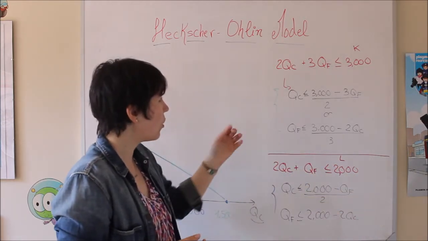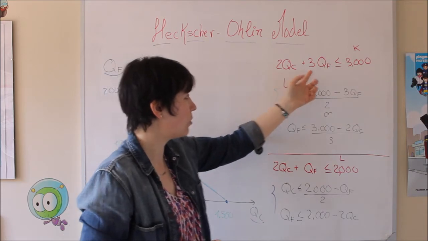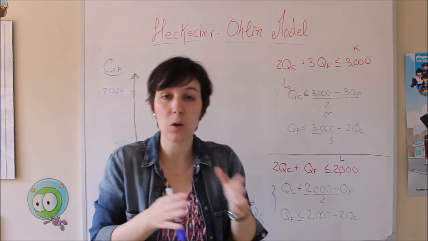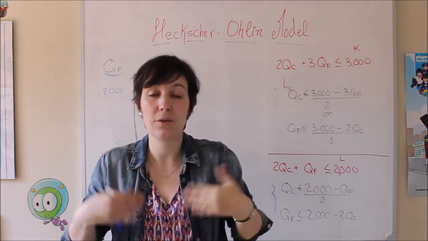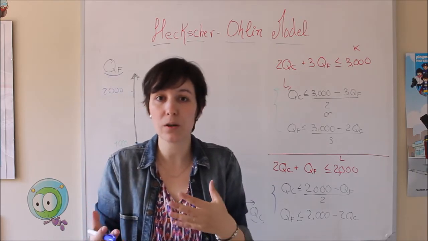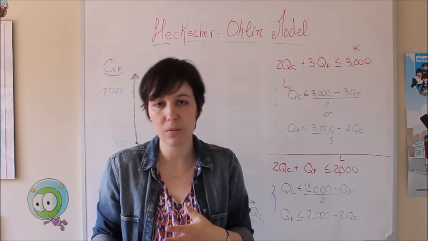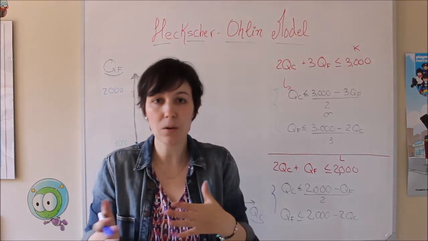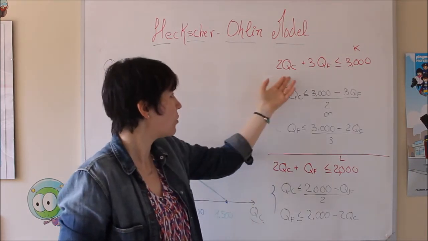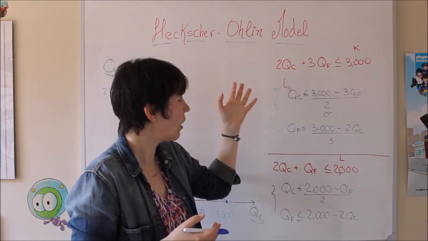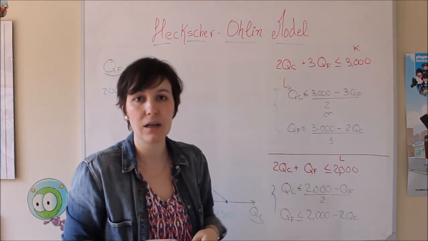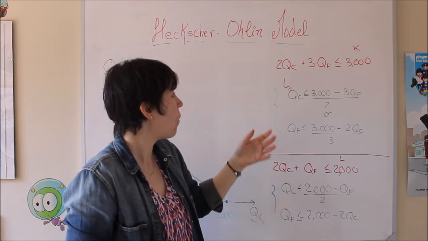In fact, we know that the variables, the quantity of clothes and the quantity of food that you can produce, are variable because it's not a fixed combination. There can be many possible combinations. That's why they are variable. These 2 variables, we know that they are in a linear curve. Why is that?